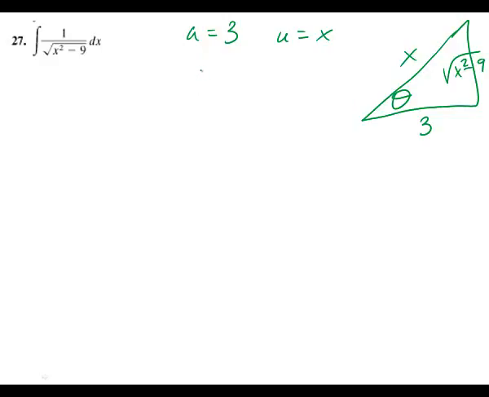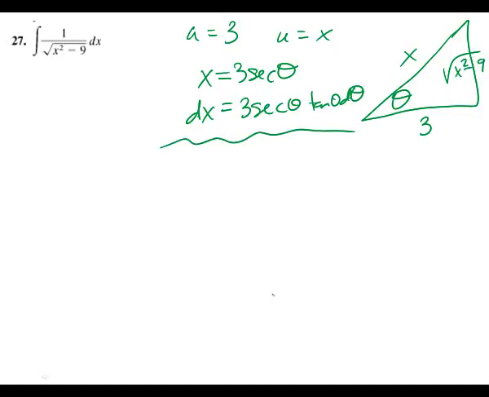Alright, so we've got X equals what for your U equation? 3 secant theta, and then dx equals 3 secant theta tangent theta d theta. Good. And then the radical equals what? Yeah, we're not worried about the plus minus part of it.